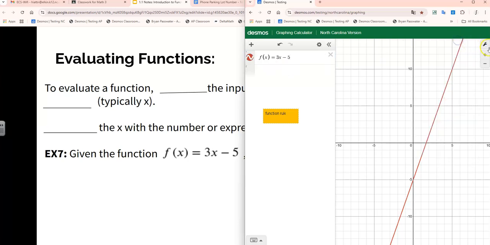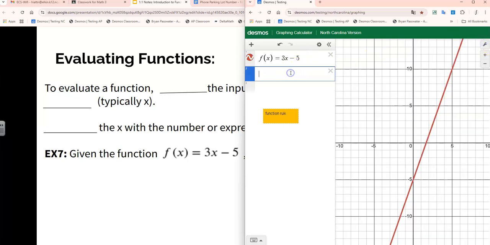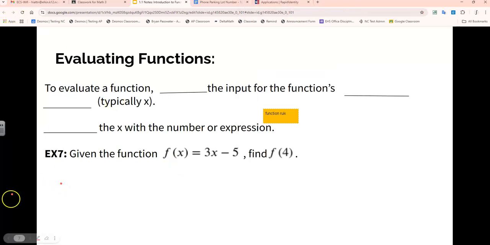Let me make it bigger too. And you do f of 4. And it tells you it's 7. So particularly if you got a more complicated function that you don't feel like working out by hand, Desmos is there for you to evaluate. You just got to make sure you got everything typed in right. So we've got that. So let's keep going.